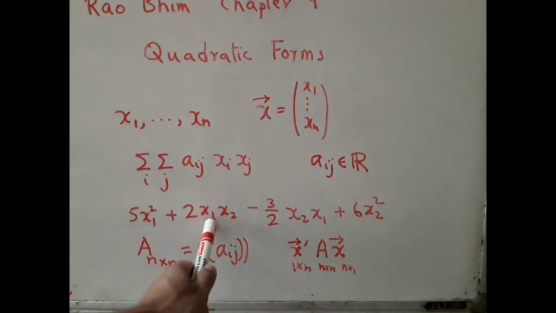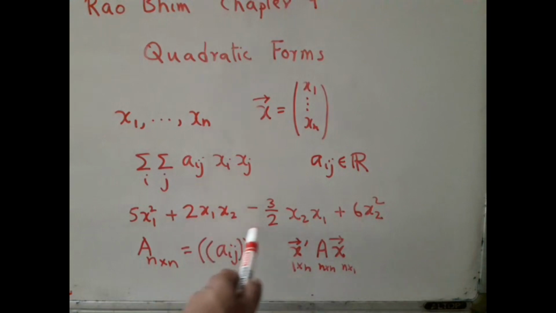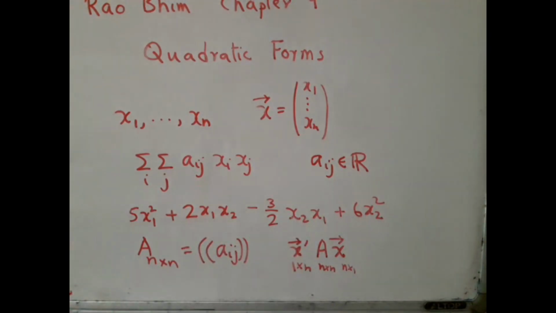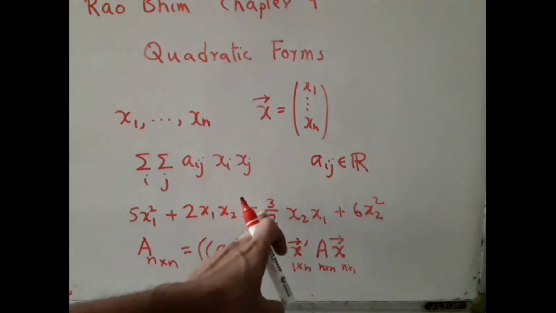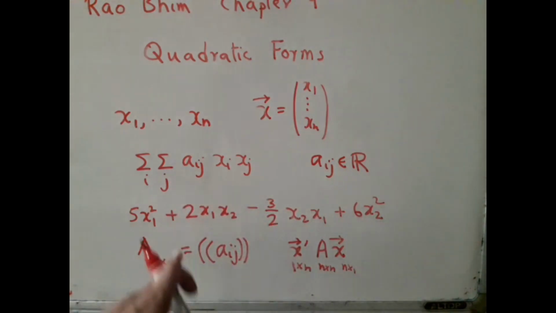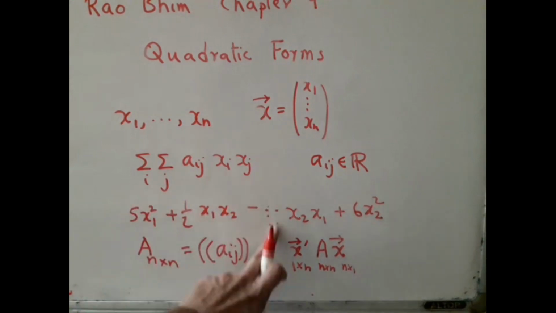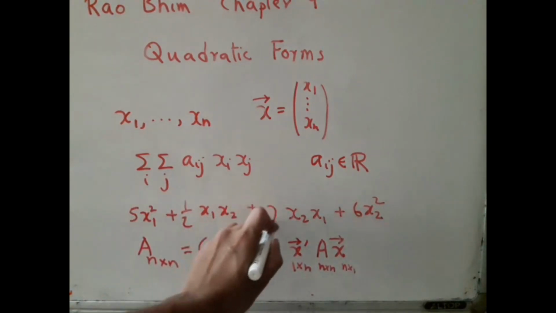Now because the same term occurs multiple times, this capital A is not uniquely defined. For example, in this case, I could as well have said the following. This is minus 3 by 2. Just combine all of them and you will get a plus half here, and then this can be considered to be 0.